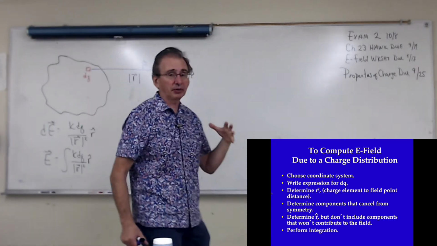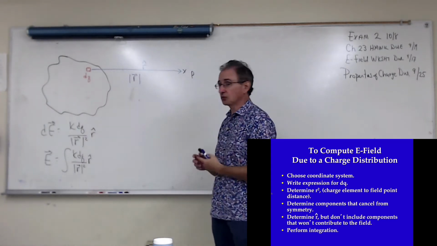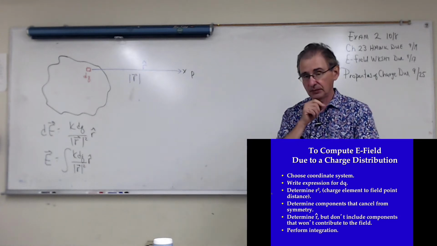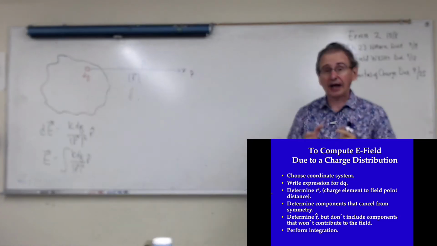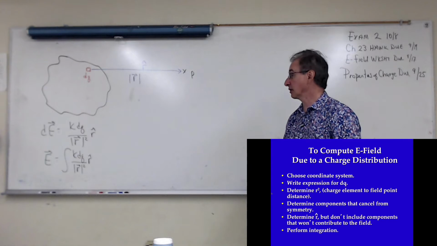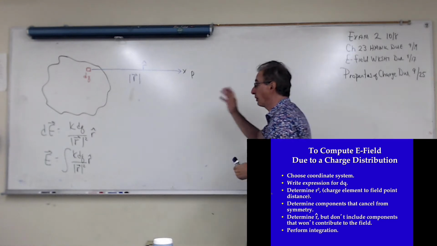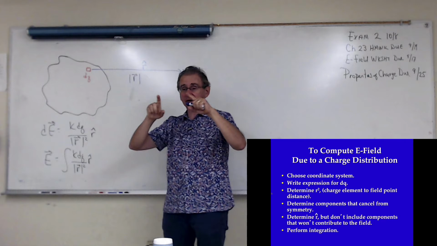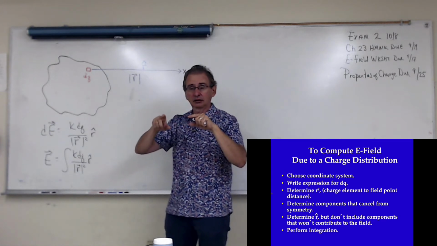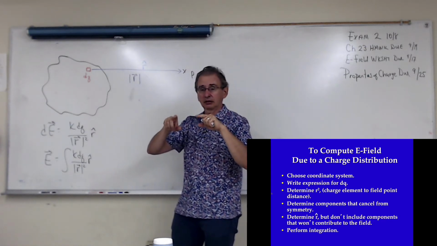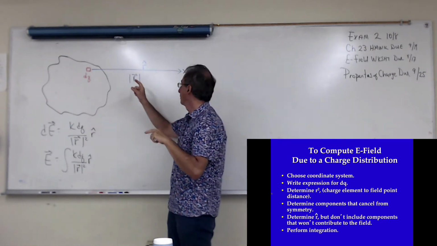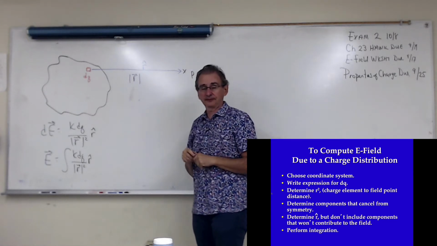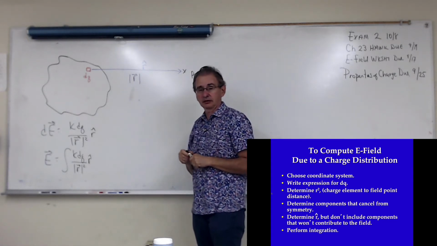So in order for you to be able to do these calculations, you have to choose a coordinate system. You have to write a mathematical expression for your dq. You have to break up your object into pieces small enough such that the electric field at this point is the same over that entire piece.